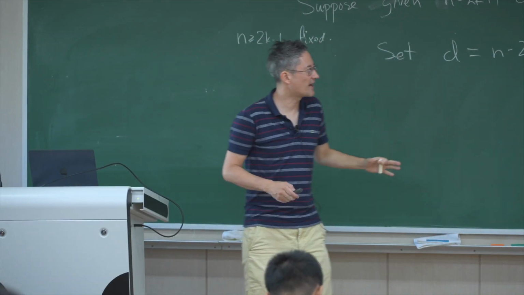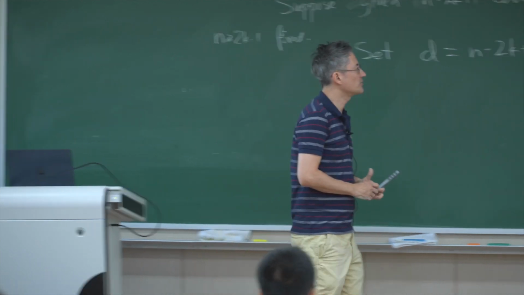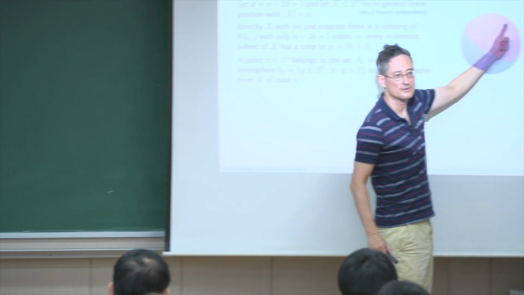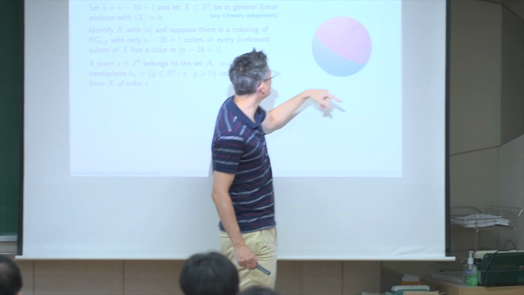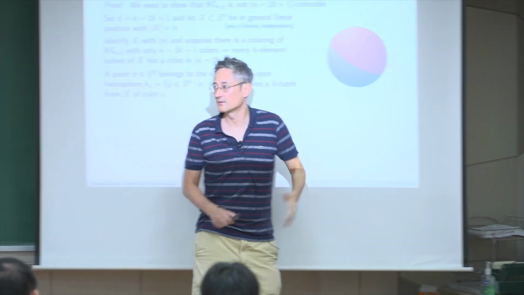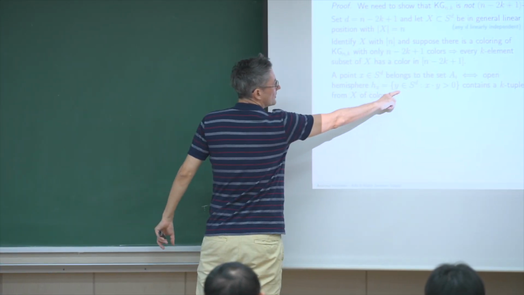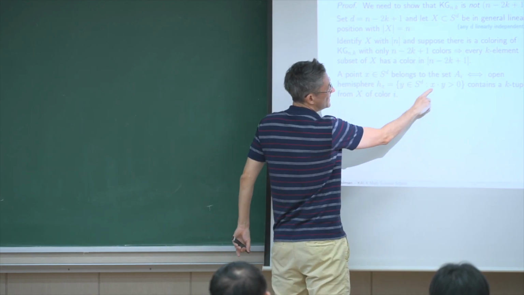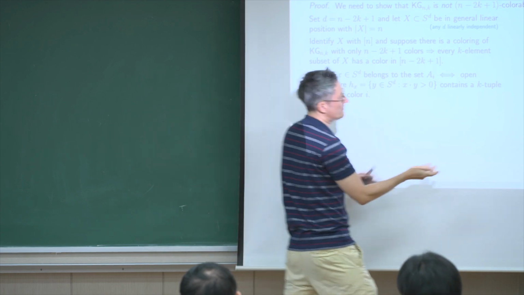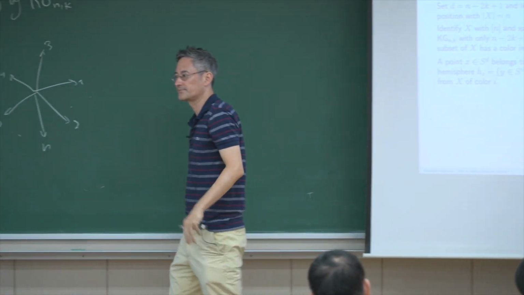Now I'm going to define some covering of the sphere. Take your sphere and take a point x on the sphere. This point x defines an open hemisphere, which is precisely all the points that make a positive dot product with x. That's this open hemisphere here.